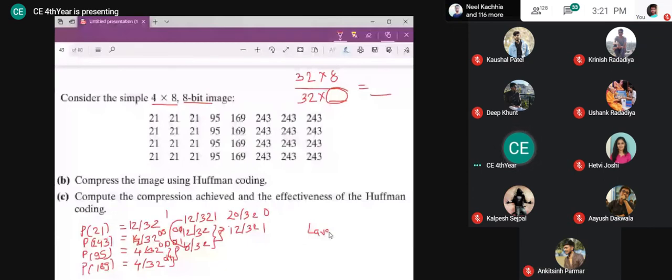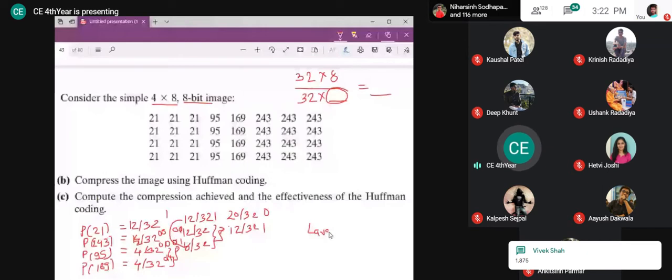So what is the meaning here? That I am using 1.875 bits per pixel. So if one pixel is represented on average by 1.875 bits, then 32 pixels are represented by this many bits. So what is the compression ratio that you have?